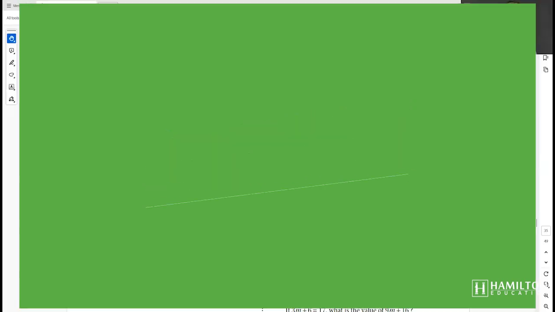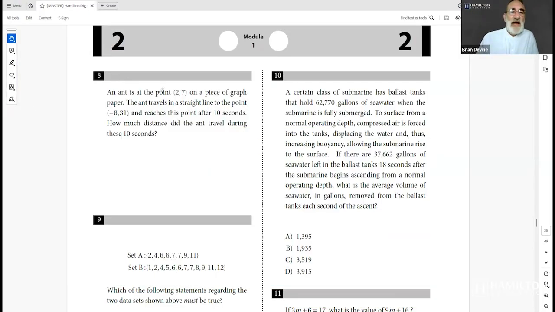Question 8. In question 8, an ant is at the point 2, 7 on a piece of graph paper. And he travels in a straight line to the point -8, 31. And he reaches that point after 10 seconds. How much distance did the ant travel during that 10 seconds? Well, I got 2 points.